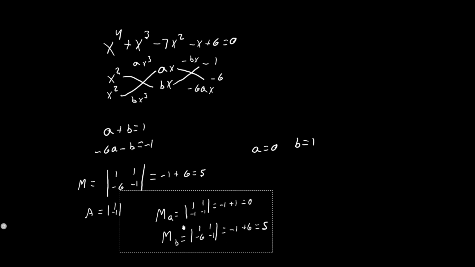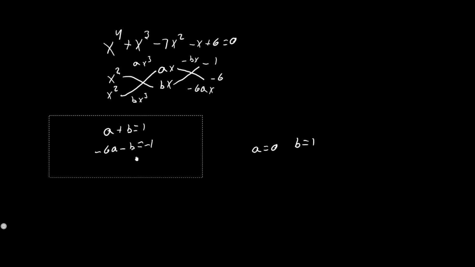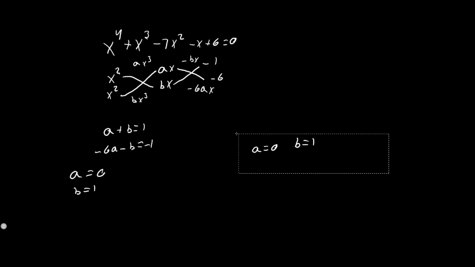So let's go ahead and see if our equation is true. So since a is 0, we just get 1 equals 1 and negative 1 equals negative 1, so that's true. So we just write a is equal to 0 and b is equal to 1. So now we want to see if it adds up to negative 7x squared.